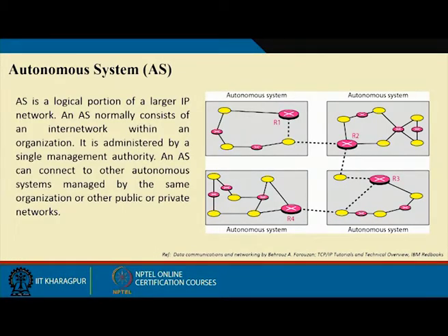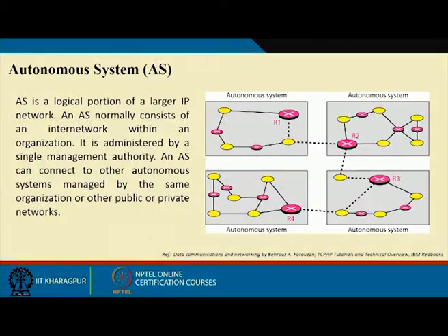Now, what is an autonomous system? An autonomous system, or AS, can be looked at as a logical portion of a large IP network. Definitely there are physical routers and so on, but it is logically a large IP network. An AS normally consists of an internet network within an organization.